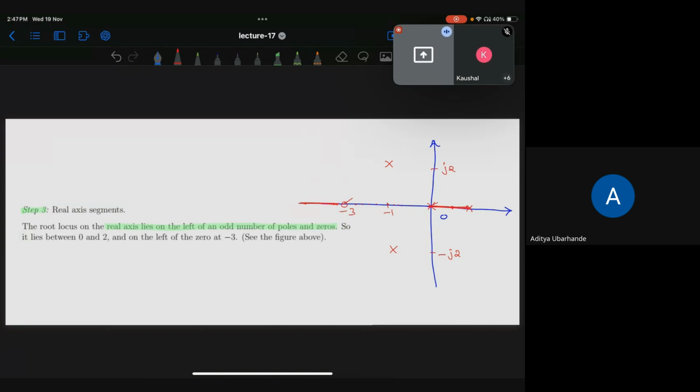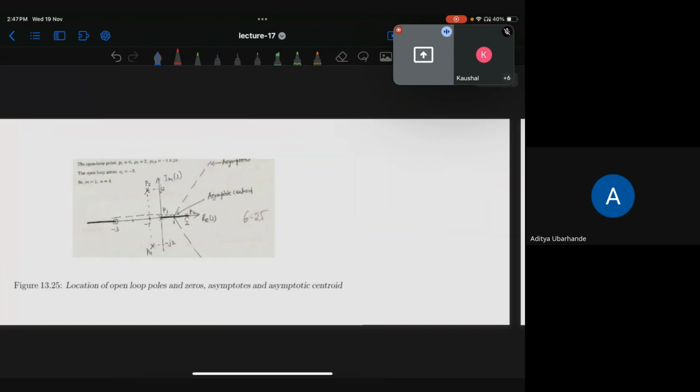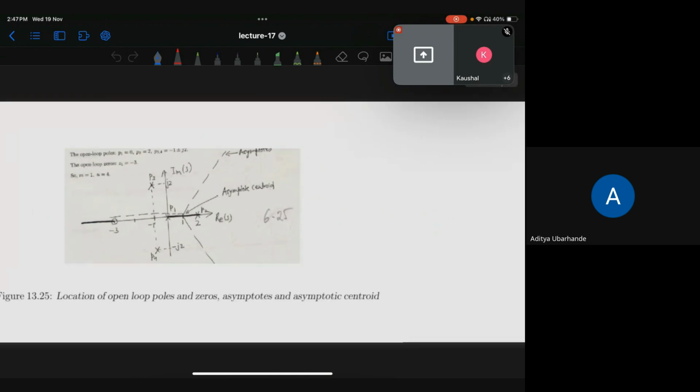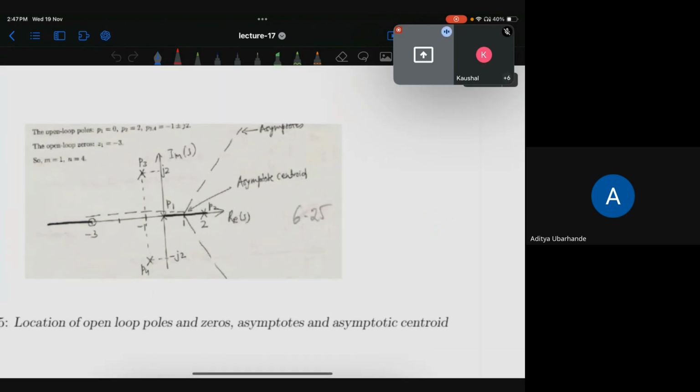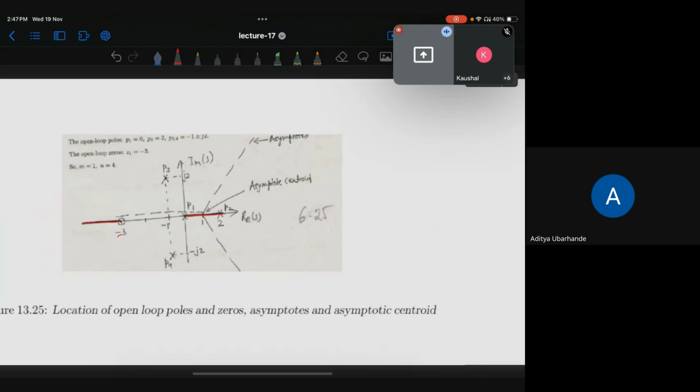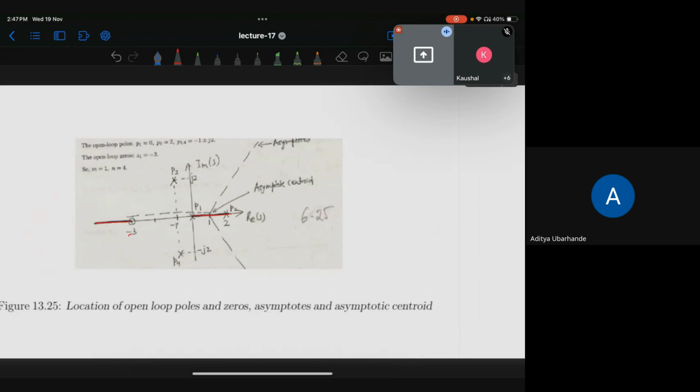Total you have 4 poles, 1 zero. So that is step 2.